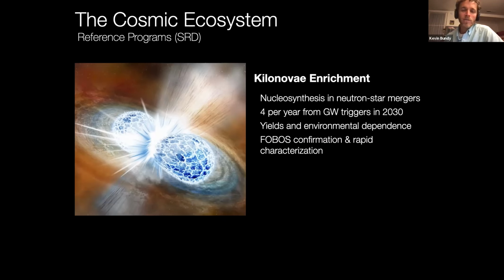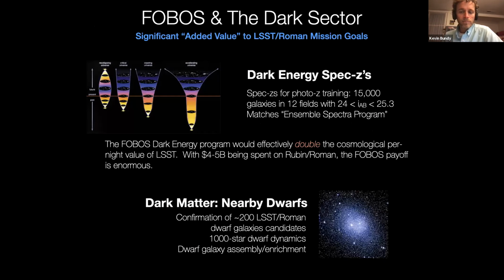So being able to follow up potential kilonova candidates, confirming those candidates, and then also getting very early blue spectroscopy in order to understand how enrichment is happening, how those heavy elements are being created. So you can see that takes us quite a range in redshift, quite a range in scales. And the theme there is really understanding interconnected cosmic systems.